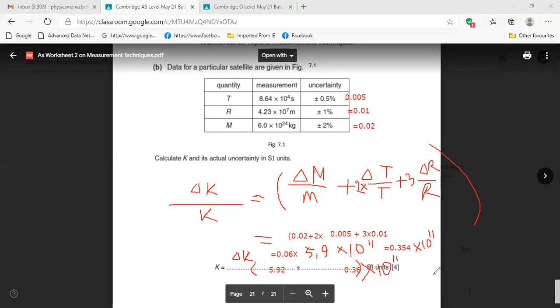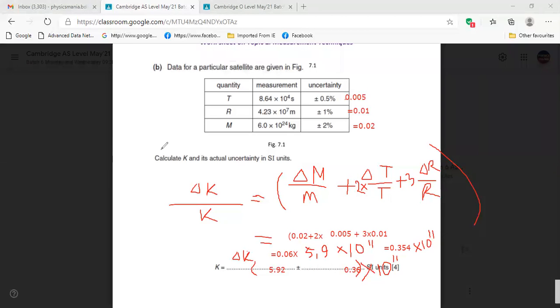Okay, done. SI units. So this one is done. Now we are having the snap again. For the whole one, we are giving the snap.